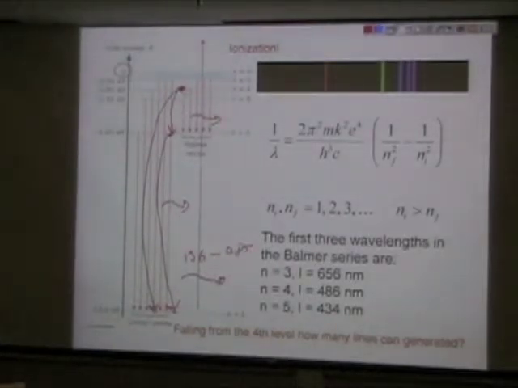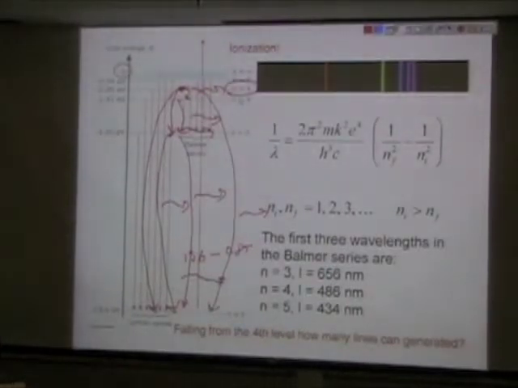It could jump like that first and then down. Two more photons. Or it could jump from this level first to this level and then down. Two more photons. So if your electron is jumping down from level number 4, this is how many different photons could be emitted in that process.